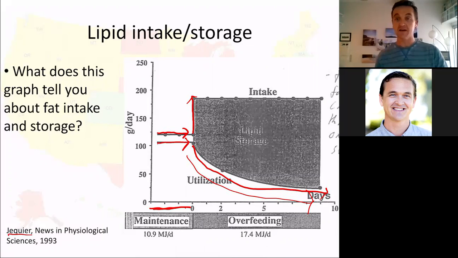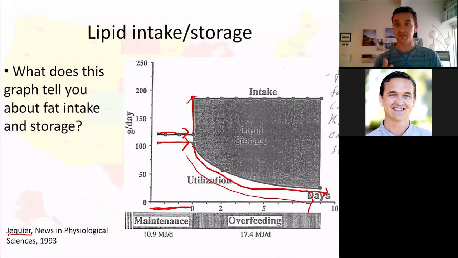The body loves having extra fat, and it stores all of the extra fat that's available. So it's not going to let go of that fat, it's going to store it, and that's going to lead to obesity. And that's one of the most likely causes of the obesity epidemic that occurred between 1980 and 2000: this excess intake of calories altogether. And some of those calories included carbohydrates and fat.